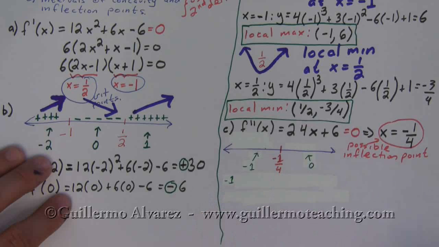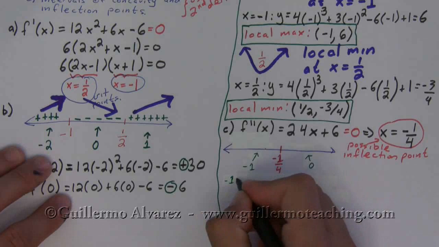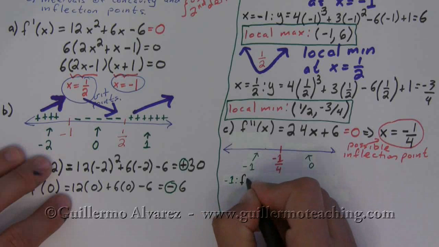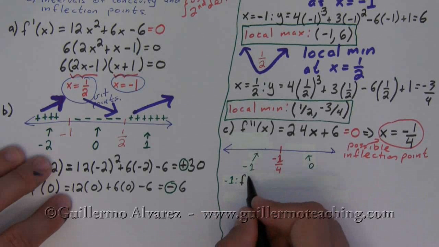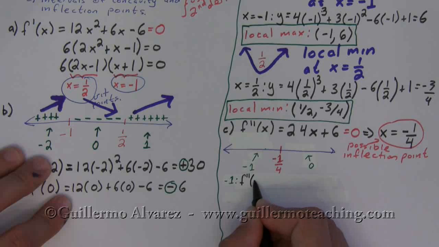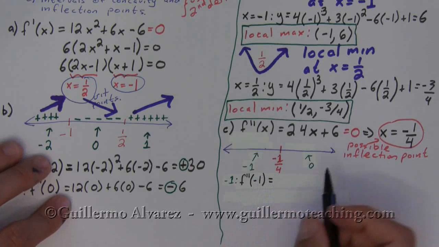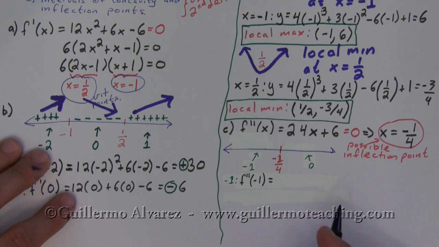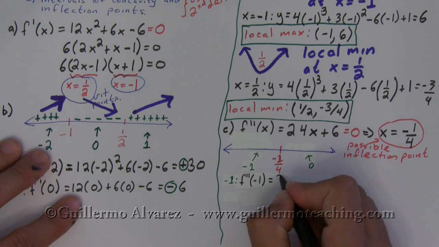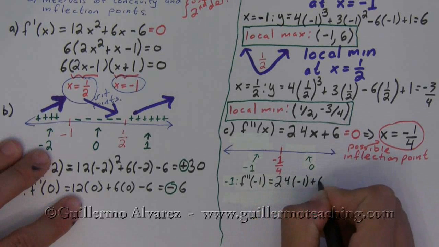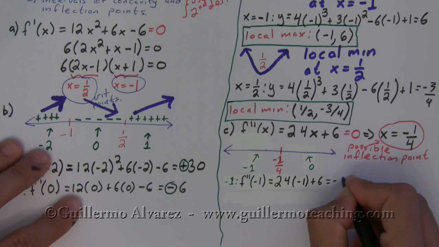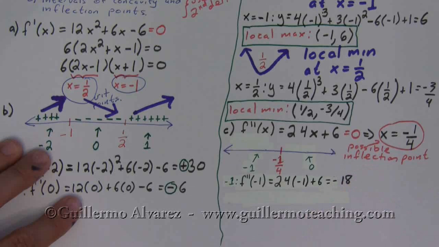So let's plug in the first one. If I plug in negative 1, I'm going to plug it into, this time since I'm looking for the concavity, the second derivative, because that's the one that tells me whether my function is concave up or concave down. So if I plug in negative 1, I'm going to get 24 times negative 1 plus 6. This is negative 18.